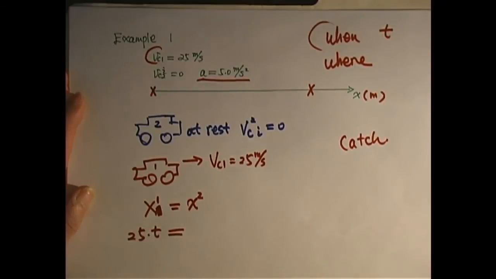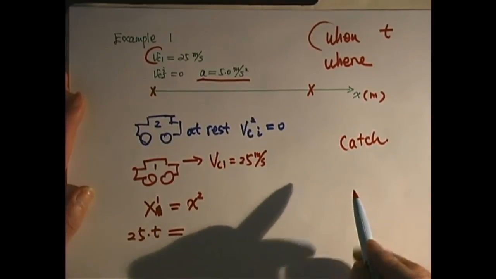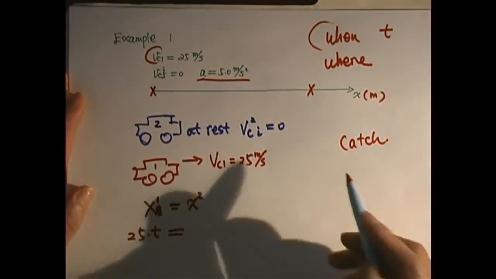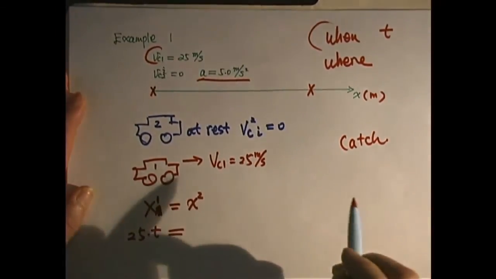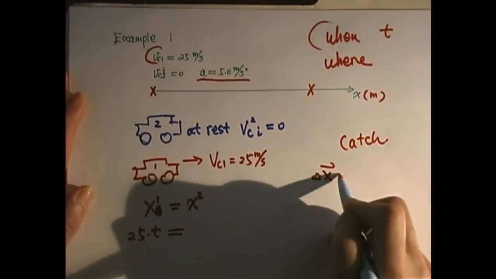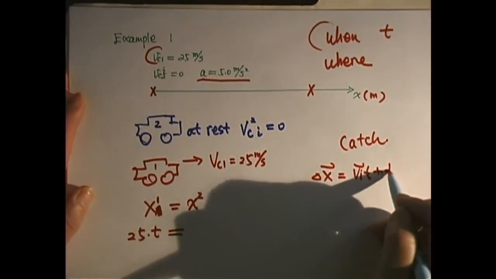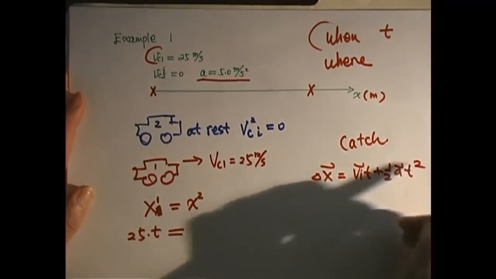Then what's the position? How do we describe the position for car 2? Well, we just learned, if we have initial velocity, acceleration, and time involved, isn't that true? There's an equation: delta x equals v initial t plus 1/2 a t squared.